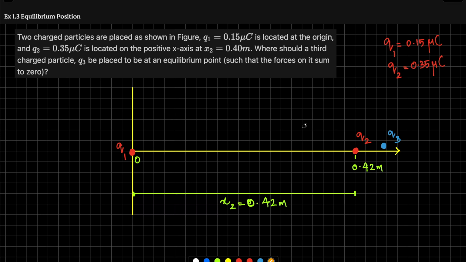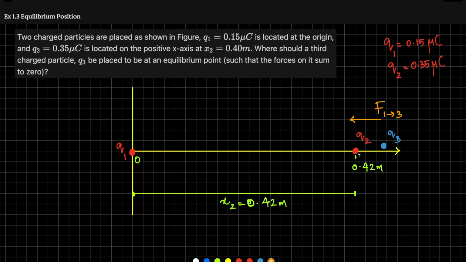Q1 being positively charged will try to pull Q3 towards its side. So the direction of the force by charge 1 on charge 3 is towards left, because Q1 is positively charged and Q3 is negatively charged. They are unlike charges, so they will attract. So the direction of the force is towards left.